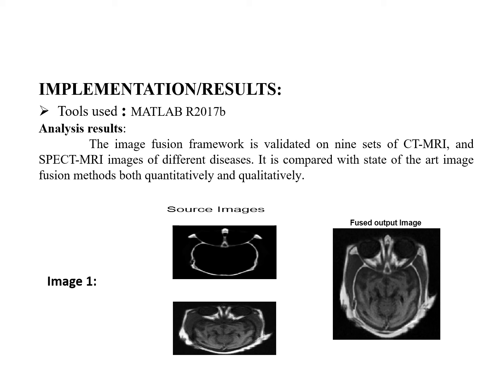It shows the hard tissue organs, bones, and so on. And the second input image is an MRI scan. It shows information about the soft tissues. It can be observed from the findings that the fused image method successfully preserved most details of both the source images.